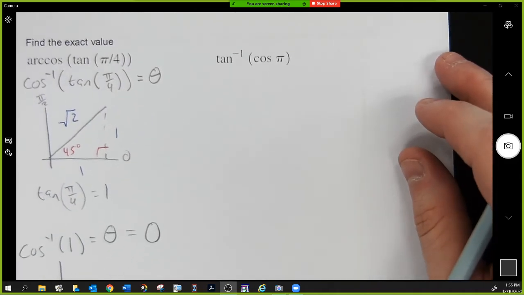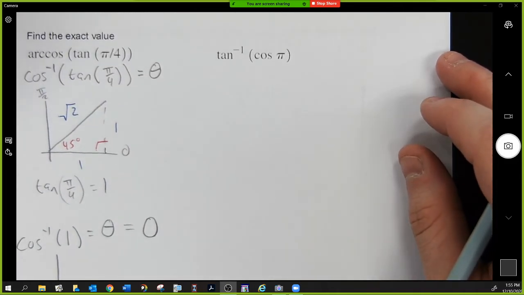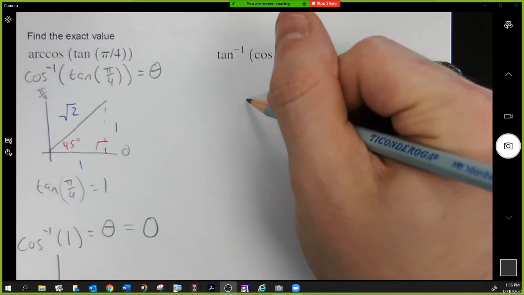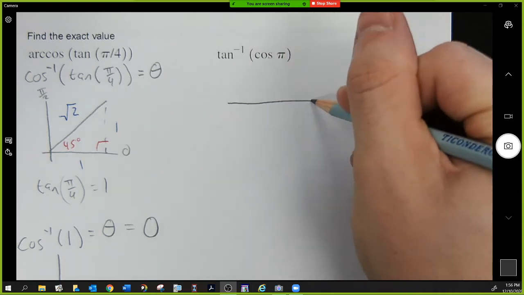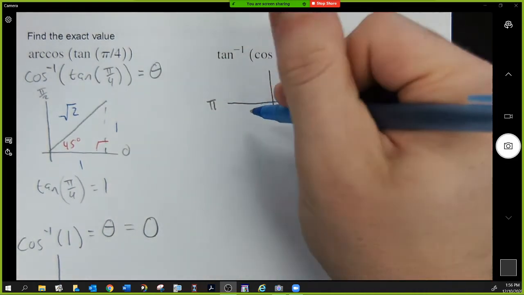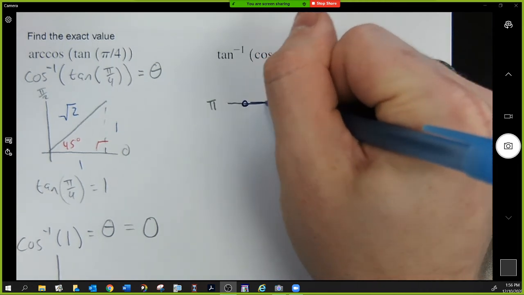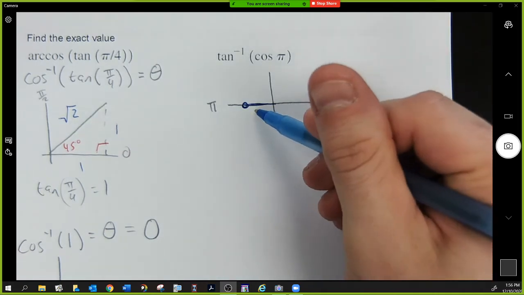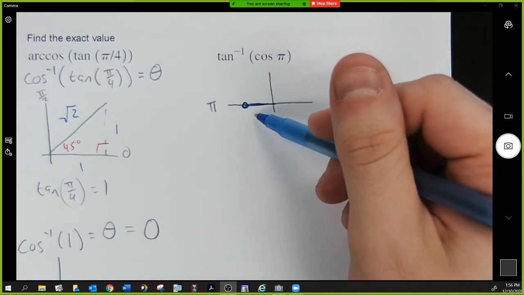Tangent inverse of cosine of pi. So let's evaluate cosine of pi. Here's pi. I'm going to put a point right there. Well, cosine is x over r. But this is on the negative x-axis.